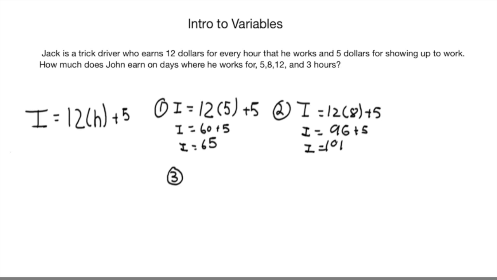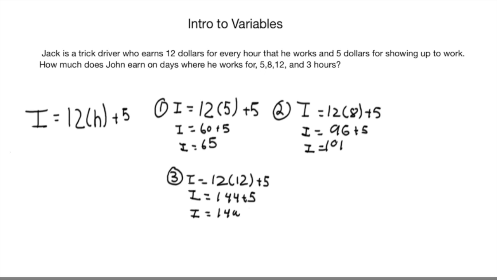Same thing for number 3 over here. If Jack worked a 12-hour shift, then H is equal to 12, and I equals 12 times 12 plus 5. I equals 144 plus 5, which equals 149.